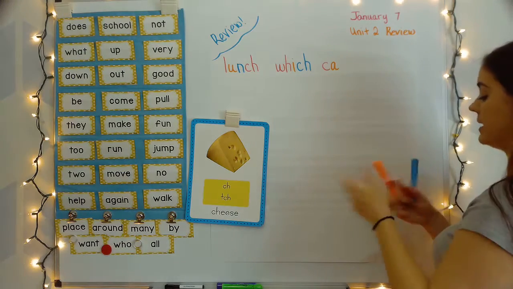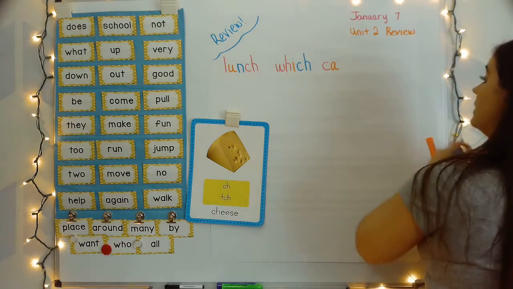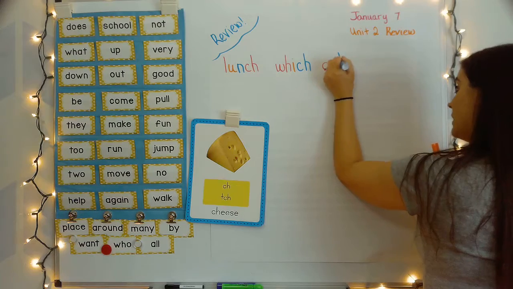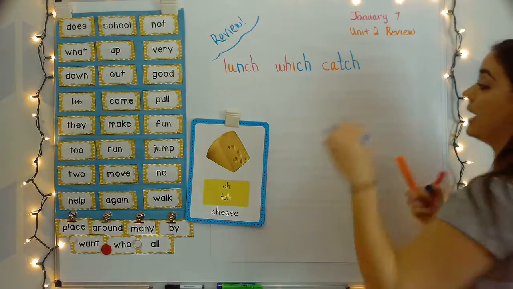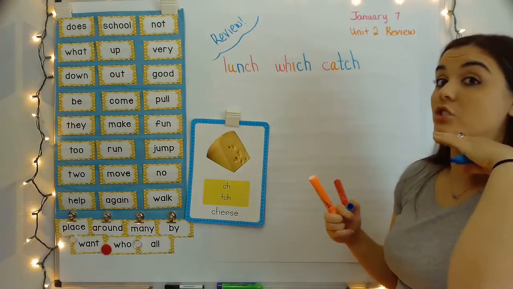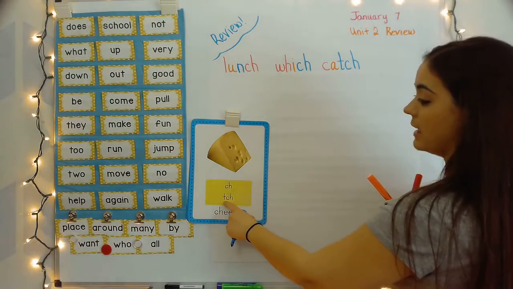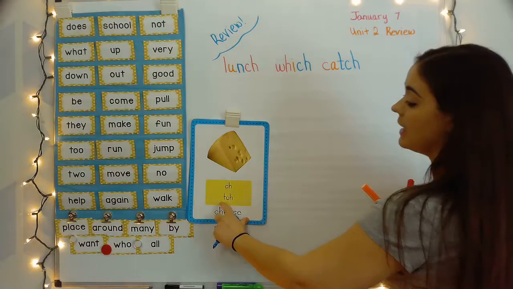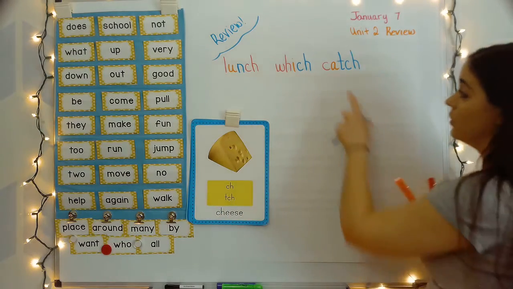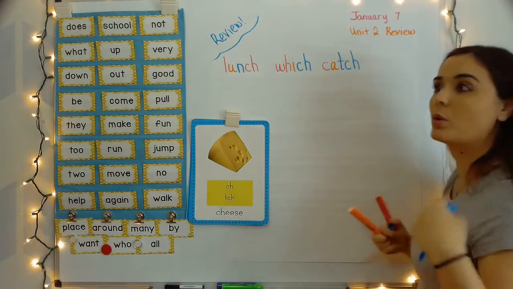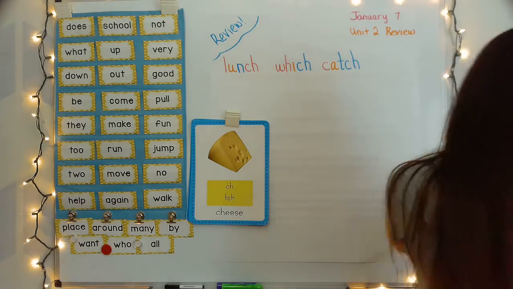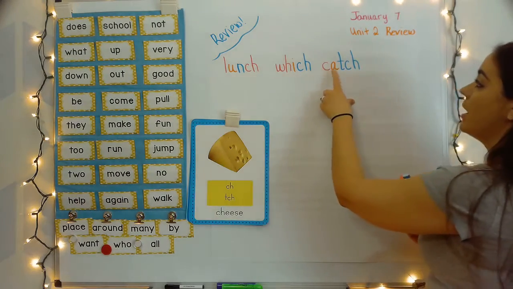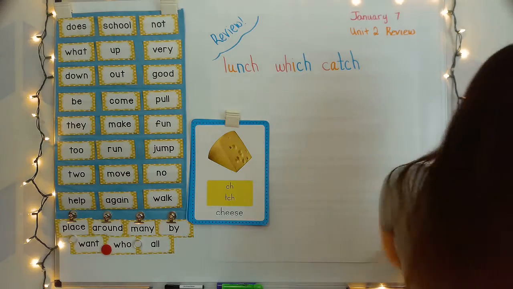A says a, and TCH also says cha. It's just another way that it can be spelled. Again, TCH will only be found at the end of a word, like the word catch, or the word match, or the word pitch from yesterday. So let's blend. Ka, ch, catch.